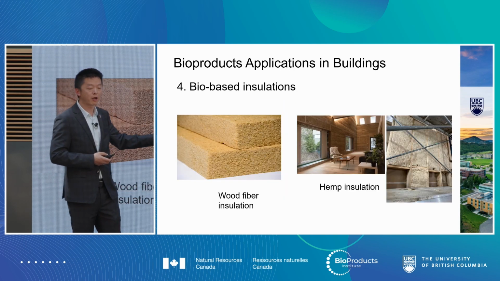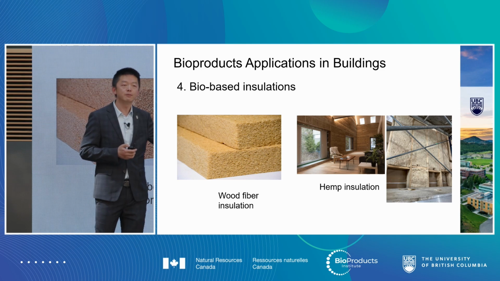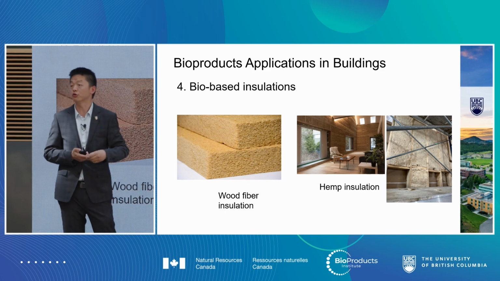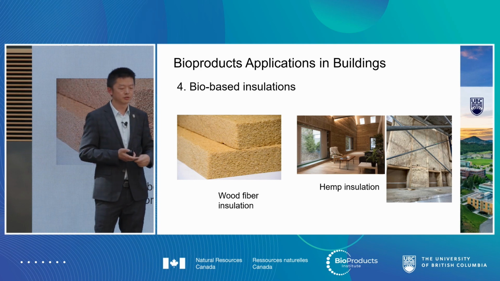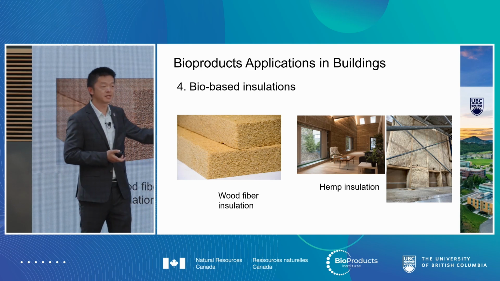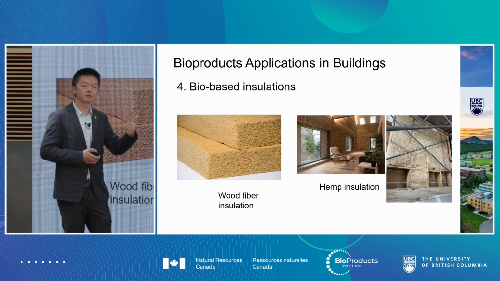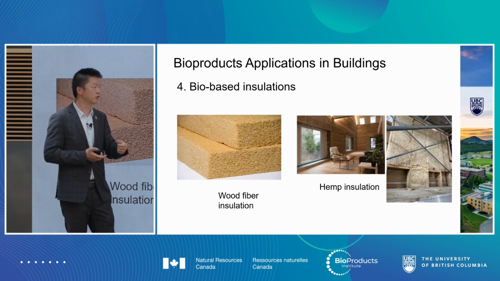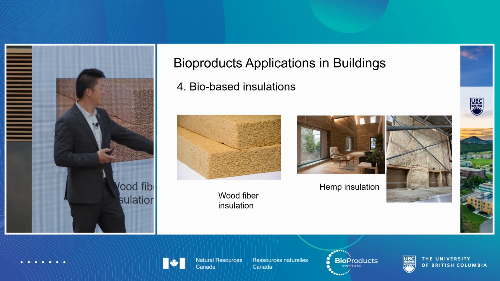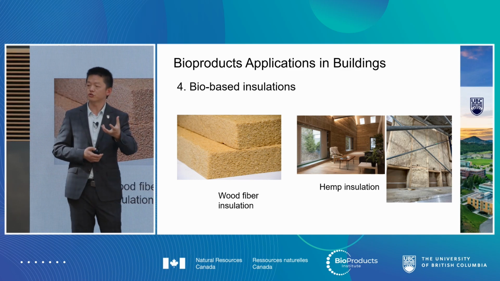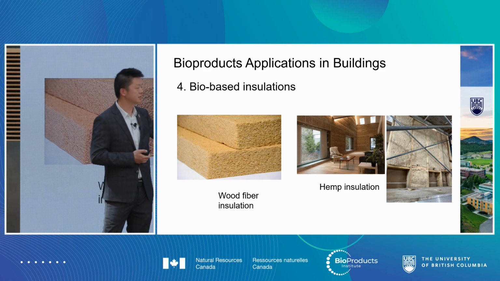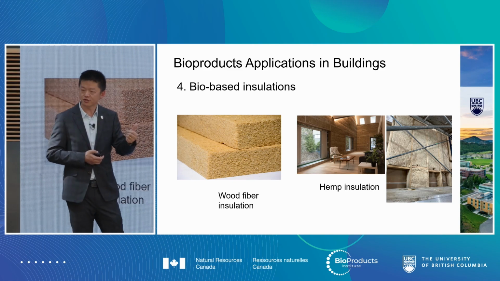And there's a lot more, like bio-based insulation. This one has already been applied in buildings. It's not new, and I think there are posters talking about this kind of board. So wood fiber insulation instead of chemical-based insulation, instead of cellulose-based or rigid insulation, right? And that one, the hemp insulation, uses hemp from agricultural products to create an insulation board instead of batt insulation.